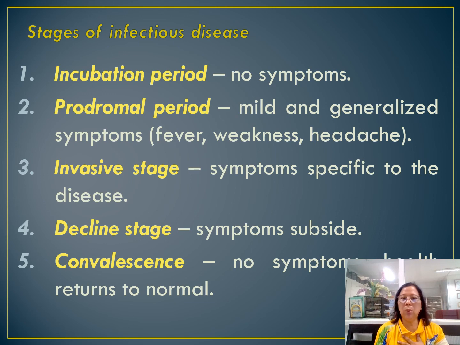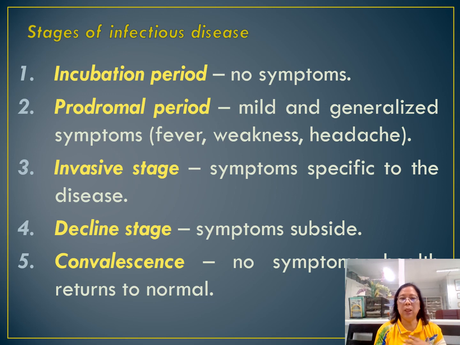So it goes to all the parts of the tissues or of the whole system or of the whole body in order to be able to produce all the symptoms needed in infection, whether it is a local infection or a general infection.